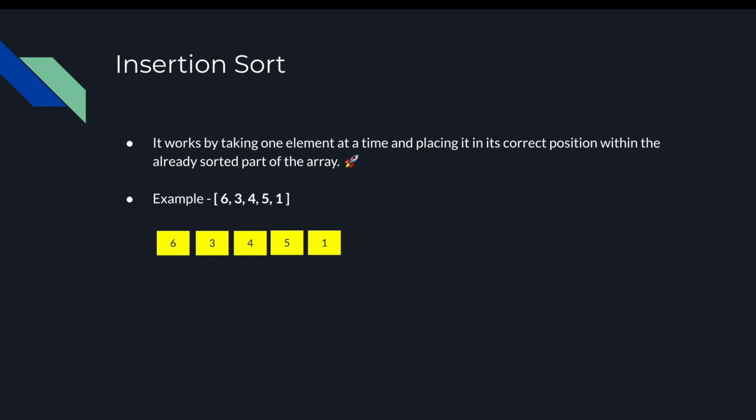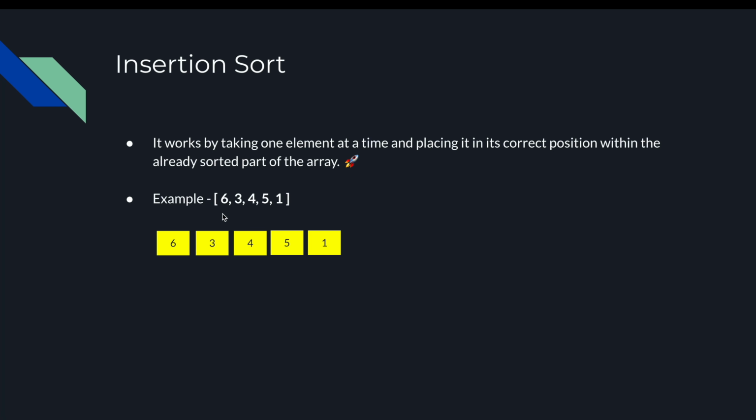Simple, right? Unlike bubble sort and selection sort, where we used to find the smallest and largest element every time and swap it with the elements that were unsorted. Now let's see how this insertion sort works visually, and then we will see how this algorithm looks in JavaScript.